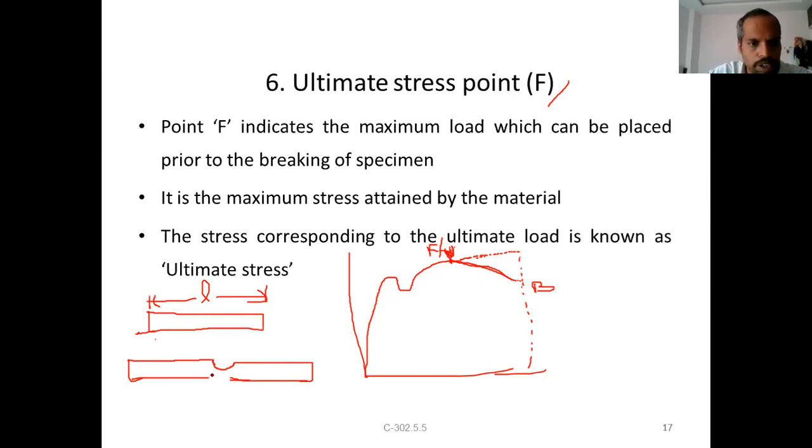There will be some reduction in area. It will not fail suddenly like this. Initially there will be some area reduction taking place, some sort of a neck like this, formed on one side and similarly on the other side.